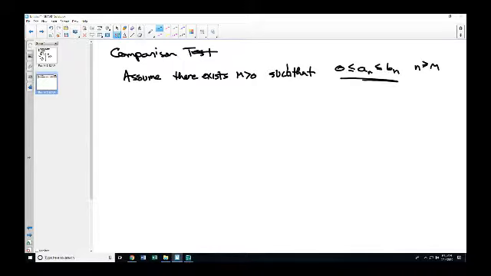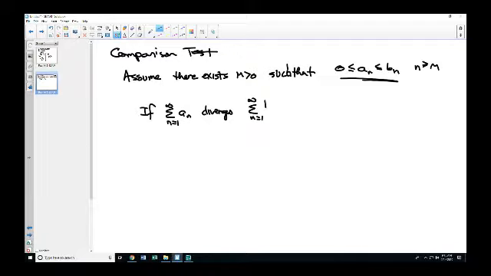If a sub n diverges, what happens to b sub n?